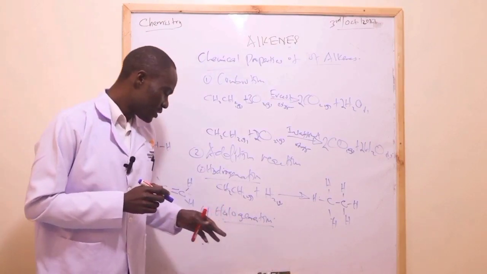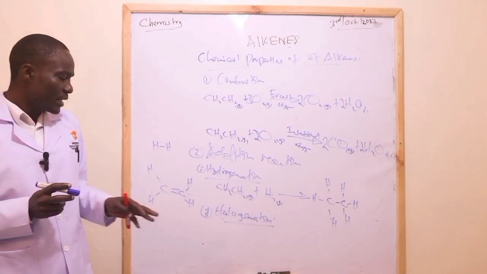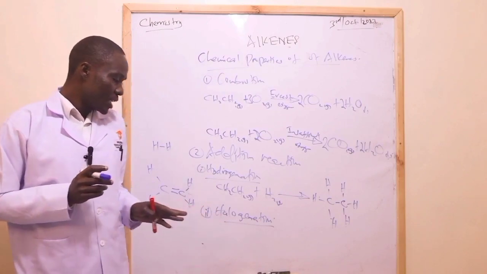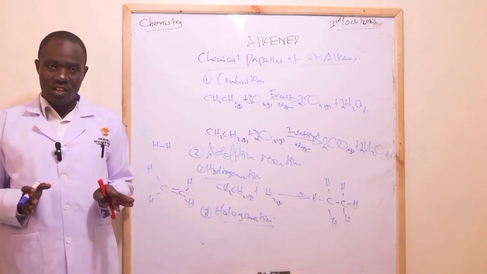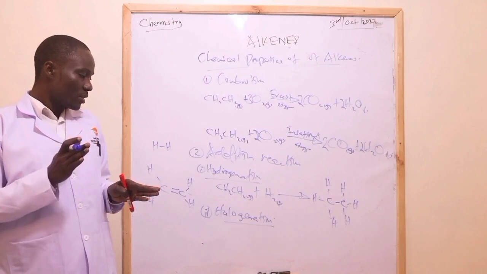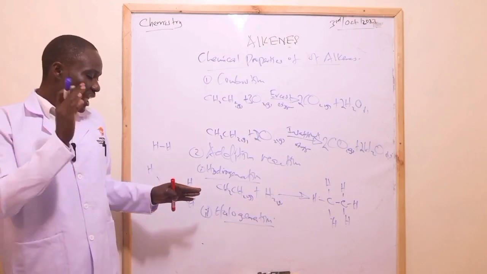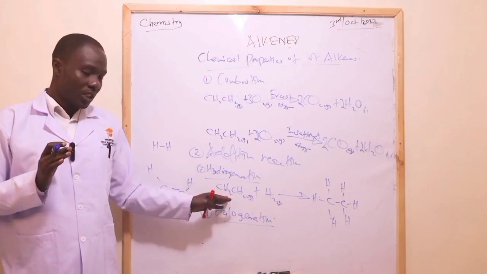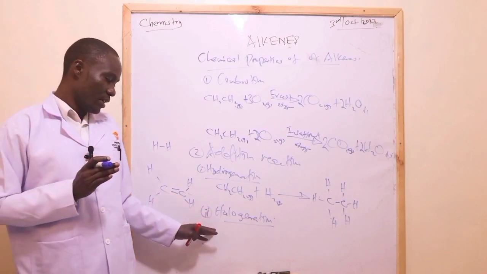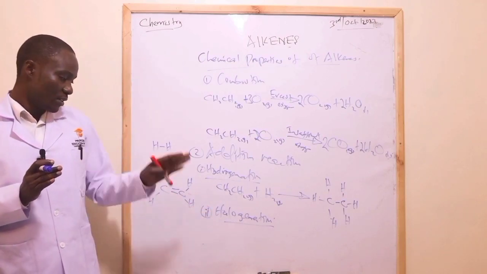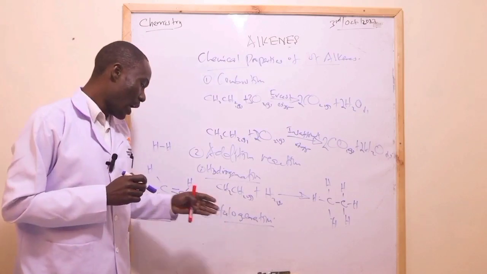So in this case, should we react the members of ethene with the atoms of members of group 7, that is halogens, then that is this type called halogenation.